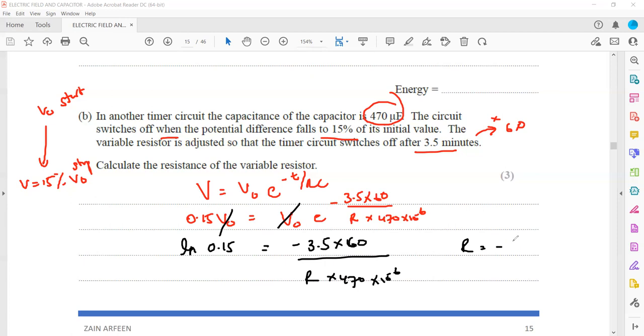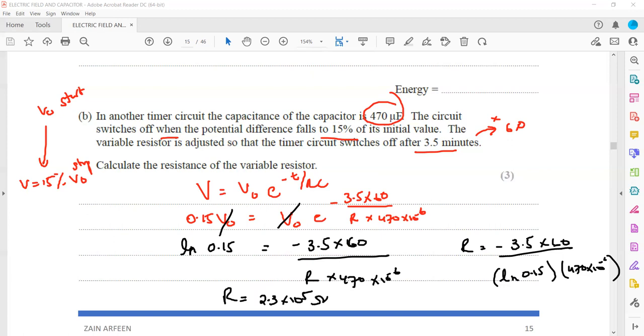R will be equal to minus 3.5 into 60 divided by ln 0.15, multiplied by 470 into 10 to the power minus 6. After simplifying, you get the resistance, which is about 2.3 into 10 to the power 5 ohm.